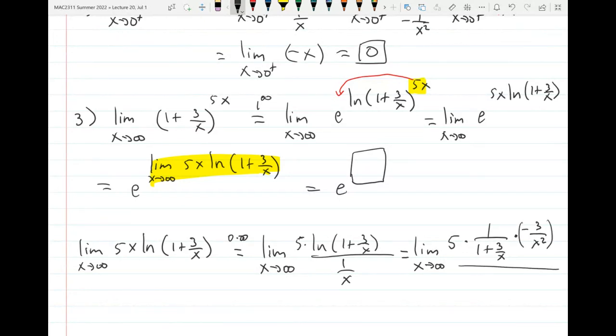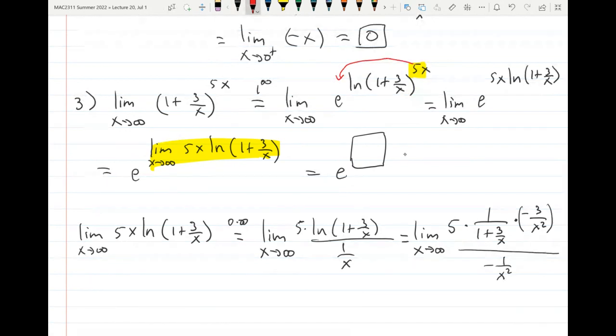Okay, and then in the denominator we have derivative of 1 over x, which is negative 1 over x squared. Okay, so now we simplify. So let's see, the negatives here, they cancel out. So here we have an x squared that comes to the top, and it will cancel with this x squared down here.